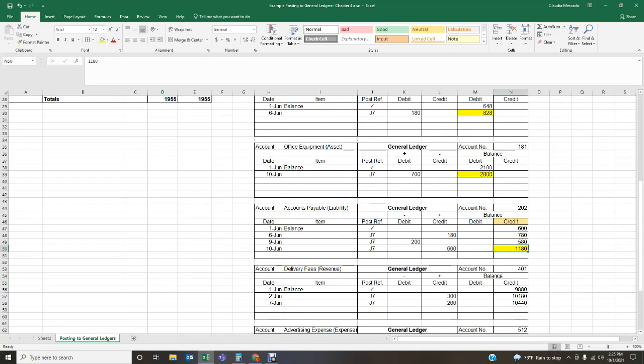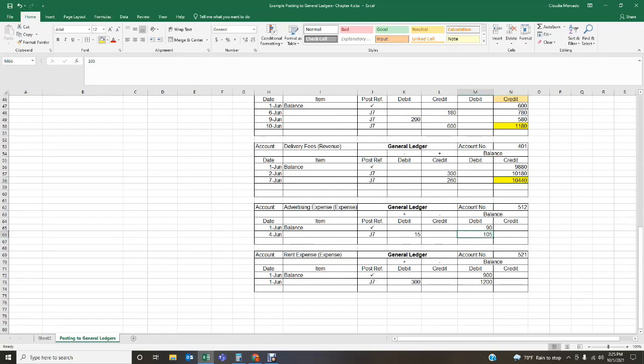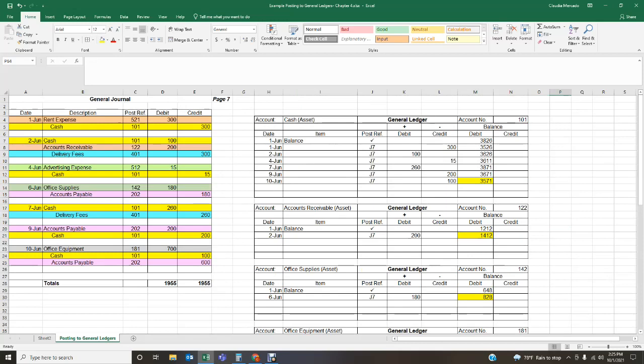Okay. Remember, the key is to have correct journal entries. If your journal entries are incorrect, then your general ledgers will also be incorrect. So it is super important that your journals are recorded appropriately. Once you are done entering all of your journals, then you can begin transferring the information over to the respective general ledgers, okay?